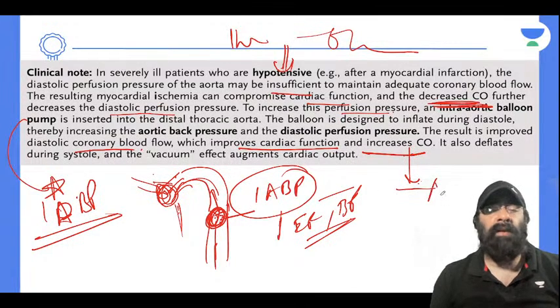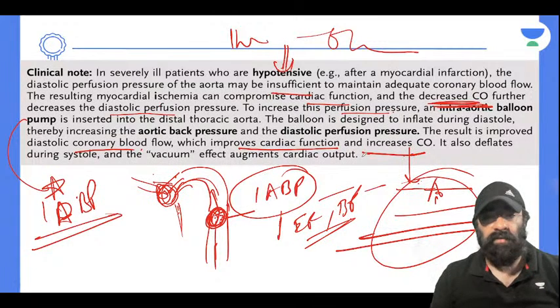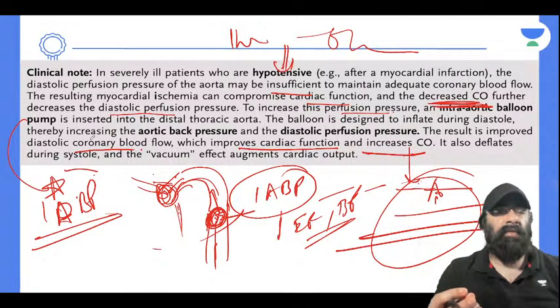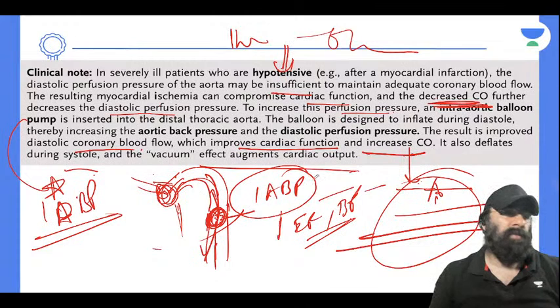Or else, if there is no blood pressure, within a few hours the kidneys will shut down, the brain will shut down, everything will shut down. There is no use of opening the heart blockages or reviving the heart after that, right? The pump deflates during systole, and on deflation there is a vacuum effect which pulls the blood forward and augments the cardiac output also. So IABP has dual effects: pump effect and vacuum effect.